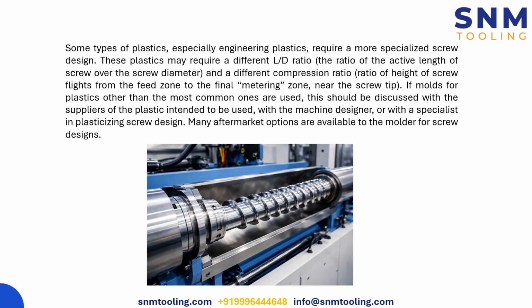Next is your compression ratio. You can see my cursor here, the compression ratio, what exactly it is. These flights which you can see have more depth, or they are protruding out more from the base of the screw, rather than the flights here.